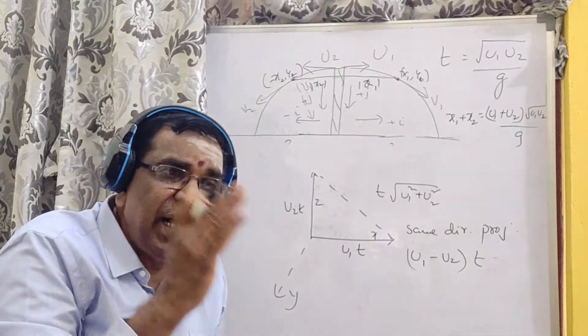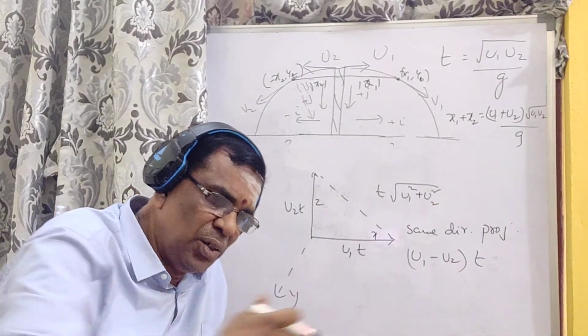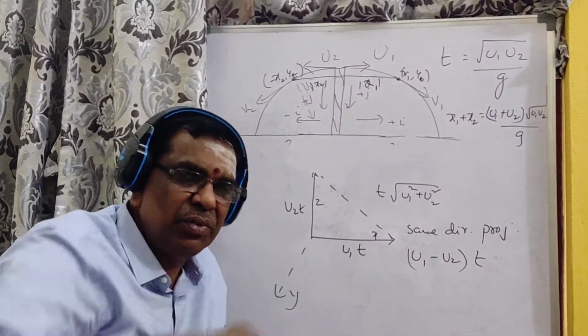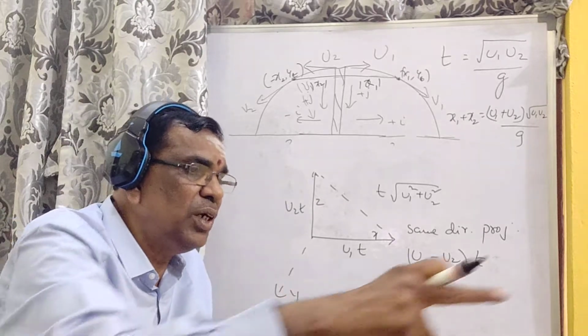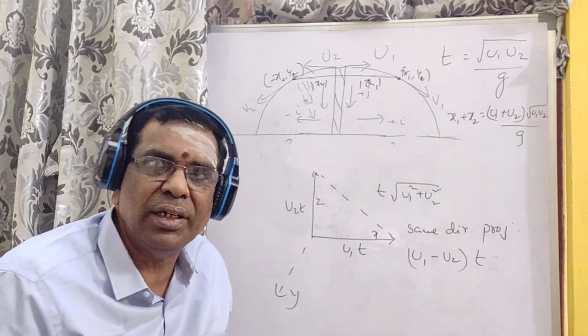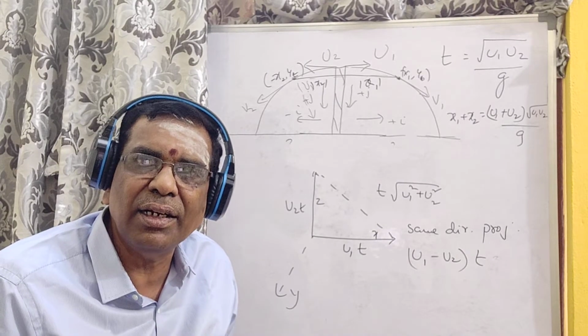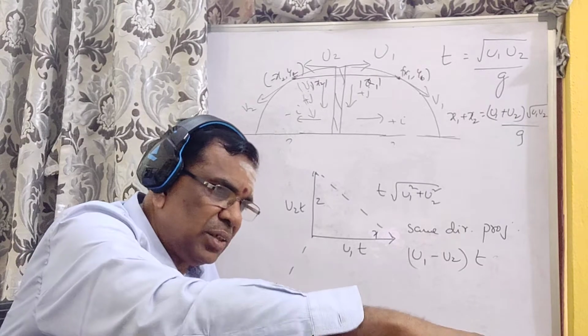If it is any angle theta, now this is u1, u2, and the angle between them is theta. That means I am virtually getting the third side of that triangle. You got my point? This one and this one.